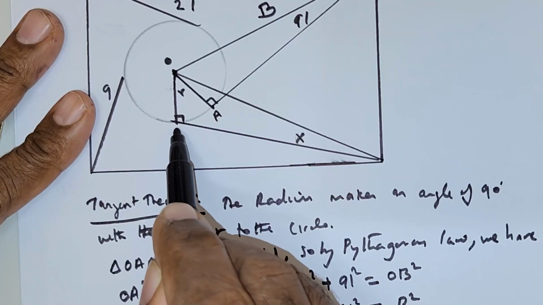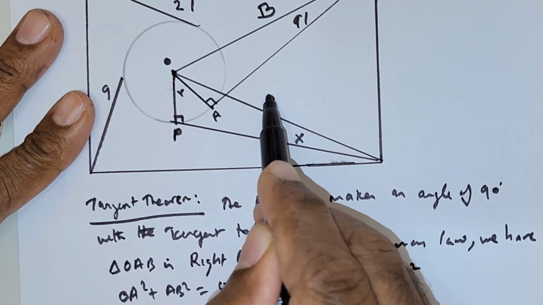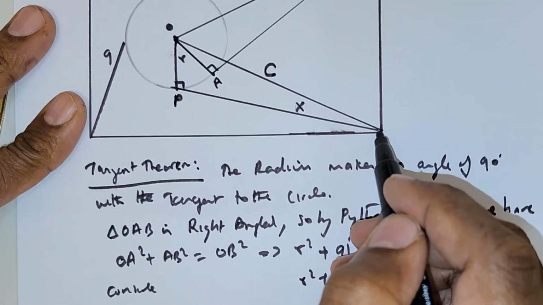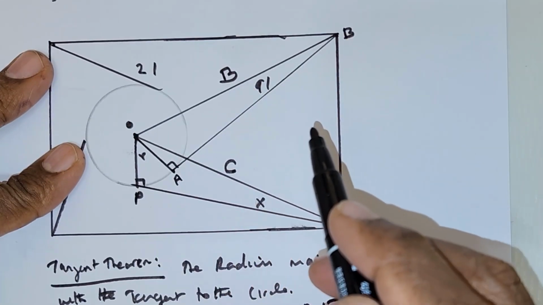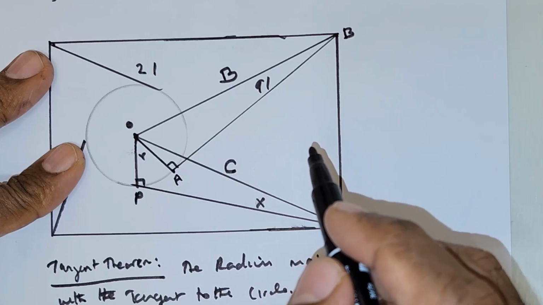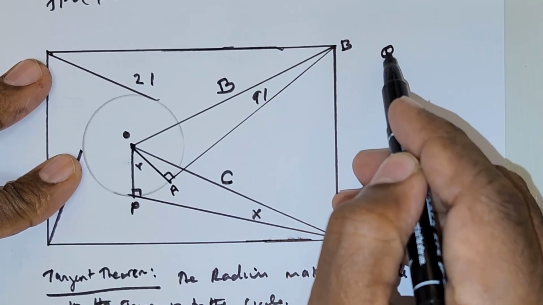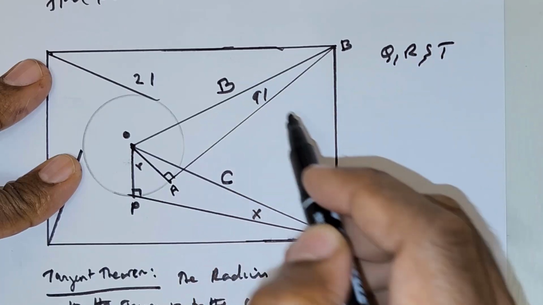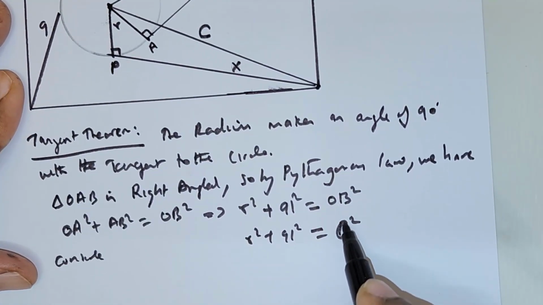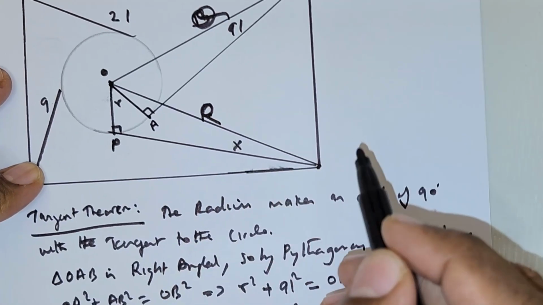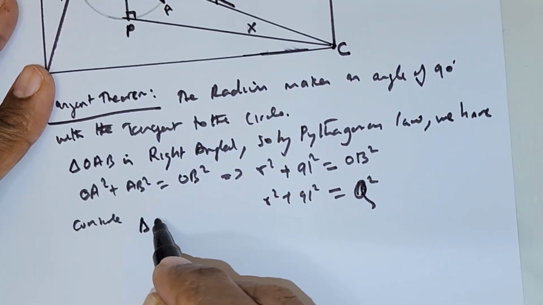I'm going to consider this point as some P, and this length as some capital C, and we already have this point as B. Just for the sake of uniformity, I am going to use the hypotenuse sides as Q, R, S and T. So let this be side Q, and this is going to be R, and this point will be C.